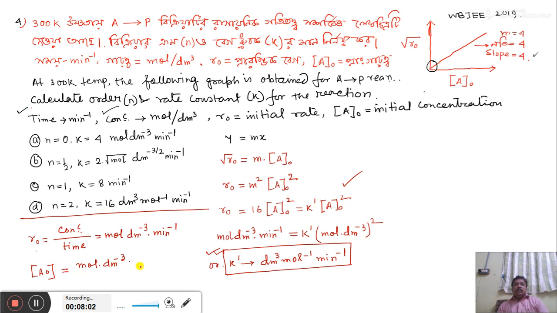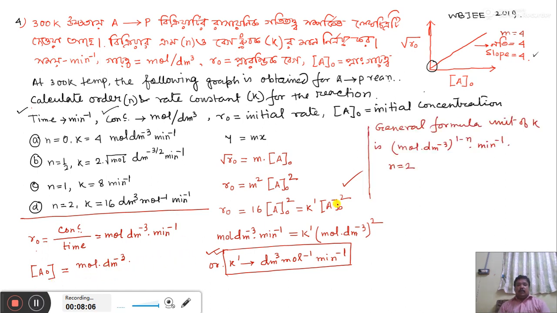We know the general formula of unit of K is mole decimeter to the power minus 3 whole to the power 1 minus n, minute inverse. Putting n is equal to 2, we get the unit of K is decimeter cube mole to the power minus 1 minute inverse.